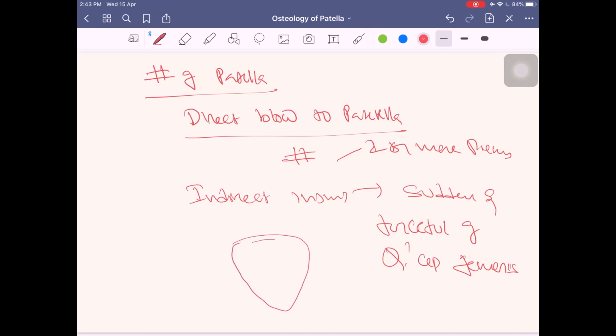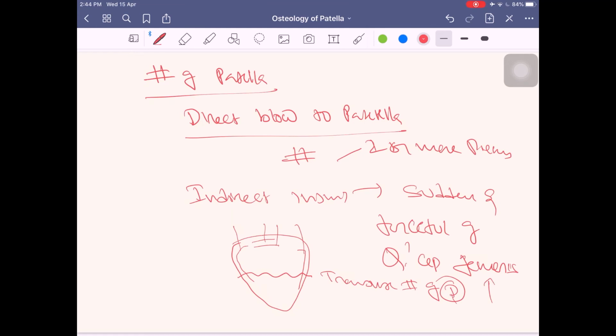Here you have vastus intermedius, rectus femoris, then this is vastus lateralis, and this is vastus medialis. All these together we call the quadriceps. So this pulls up, and a crack may appear in the center. This is what we call a transverse fracture of the patella due to sudden pull of your quadriceps femoris.